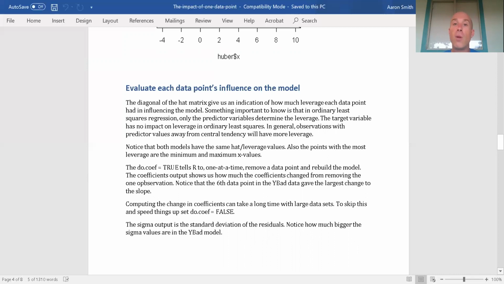Because with ordinary least squares, only the x coordinate determines the leverage, the diagonal of the hat matrix gives us the leverage of each data point. And the leverage is determined only by the x value in ordinary least squares. So the leverage measurement is not going to help us on this problem because I only changed the y coordinates.